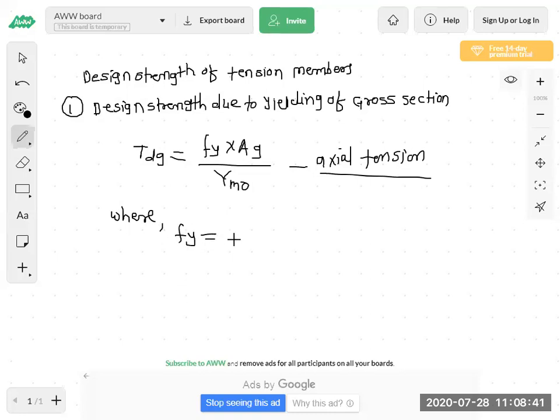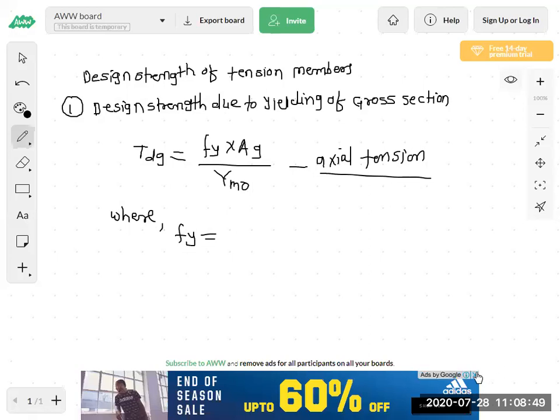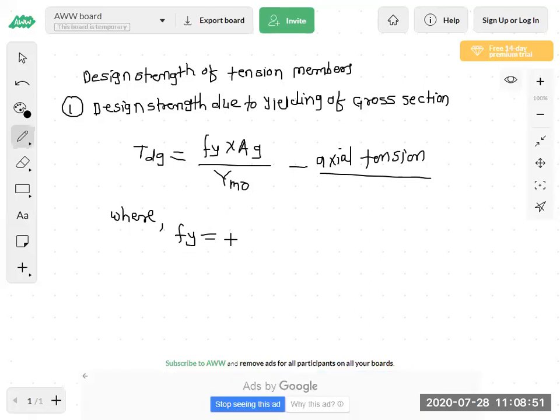What is Fy here? We have seen from the first unit that Fy is the yield stress in MPa, and generally the value of Fy is 250 MPa, because we use mild steel for making any steel structural member.